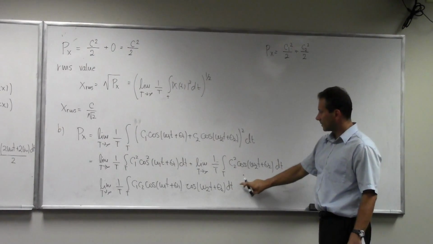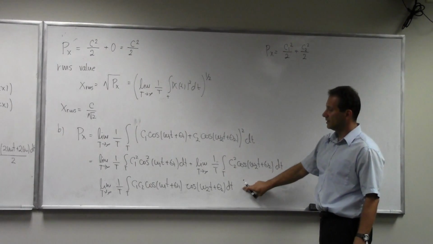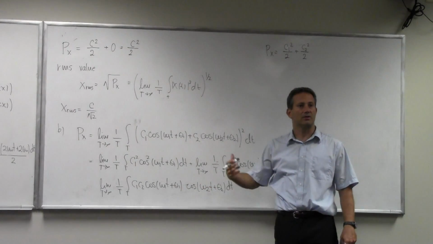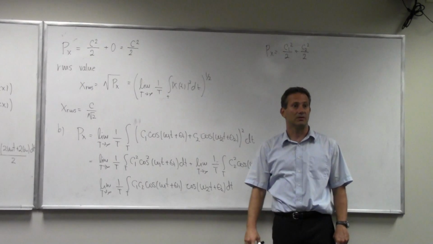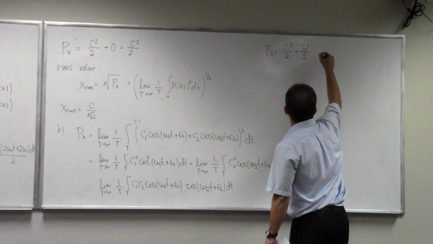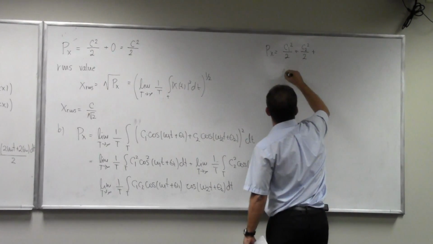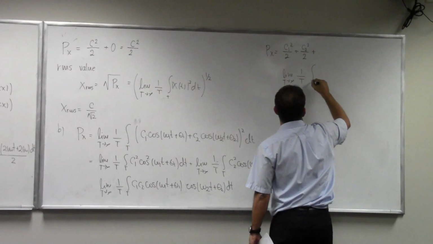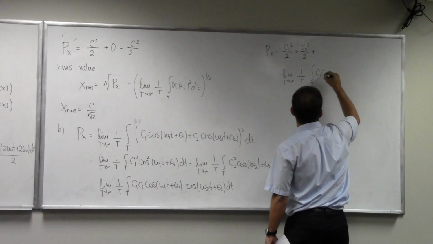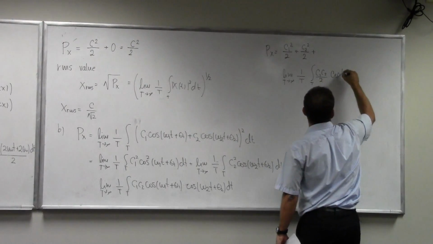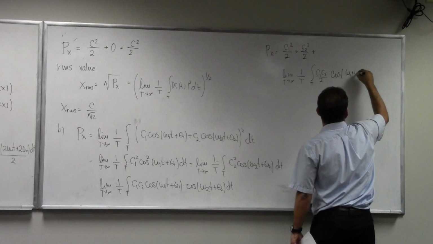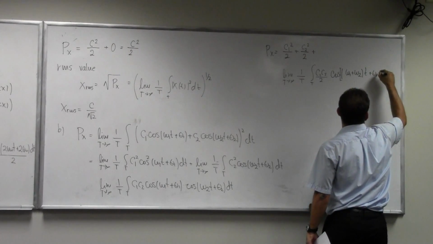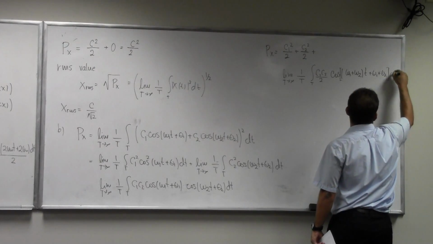And for this one, I'm going to use another trig identity that says cosine alpha cosine beta is 1/2 of the cosine of the sum plus 1/2 of the cosine of the difference. So I have plus the first one: the limit when t goes to infinity, 1 over t, integral over t, c1 c2 over 2, cosine of omega 1 plus omega 2 t plus theta 1 plus theta 2 dt.